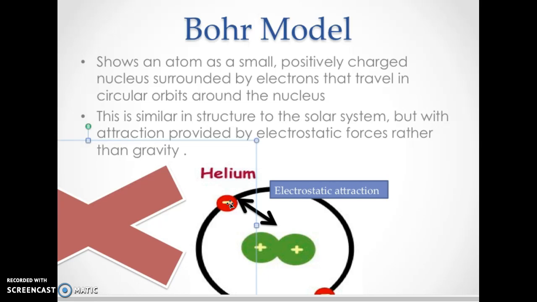Okay, so this is called an electrostatic attraction, which was later proven to be false, because if this model were true, scientists and physicists said that the negatively charged electron would eventually collapse into the nucleus. Why doesn't the electron collapse in this model?